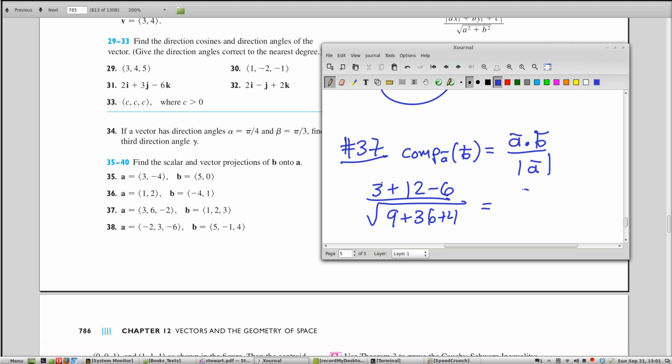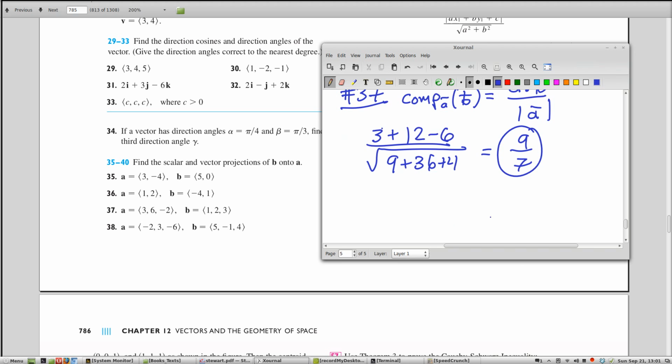And so this is 9 over 7. That was a considerately simple number. Guess that's why James Stewart makes the big bucks. And so this is the scalar projection, and to get the vector projection, you just do 9 over 7 times the normalization of A.